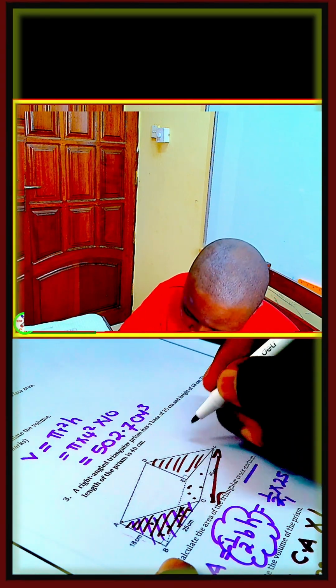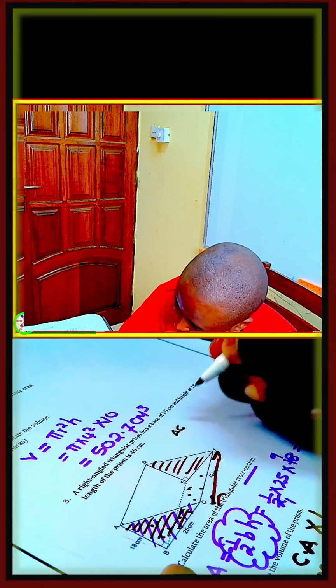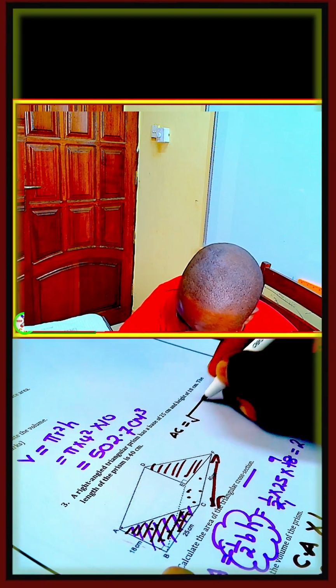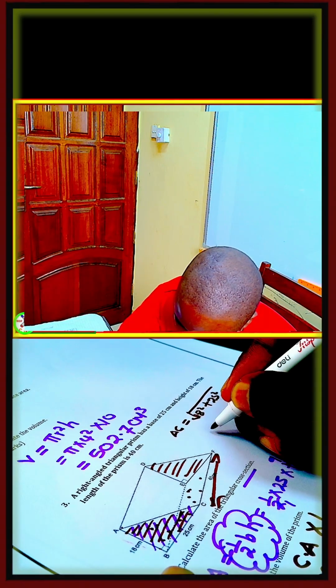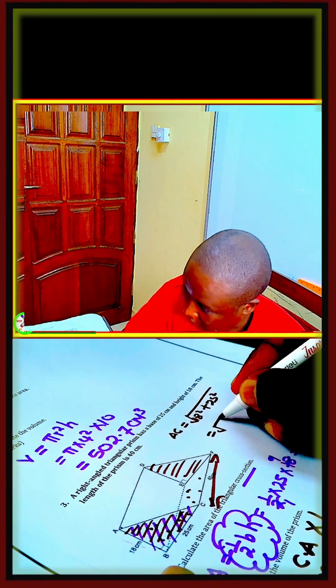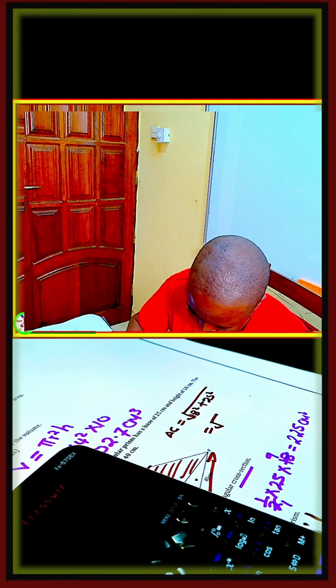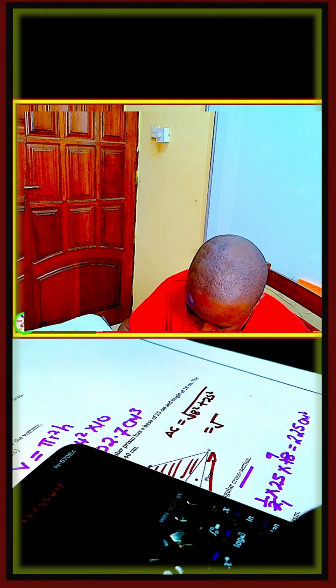So we are going to say AC is going to be the square root of 18 squared plus 25 squared. If you work it out, 18 squared plus 25 squared, then find the square root.